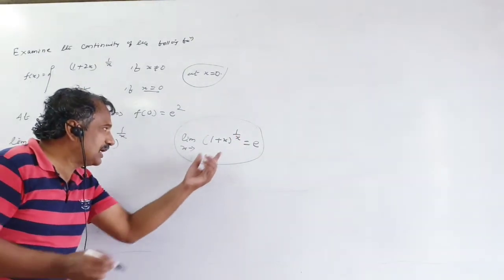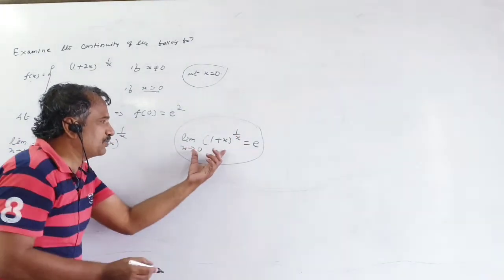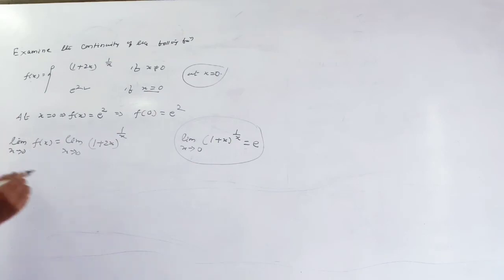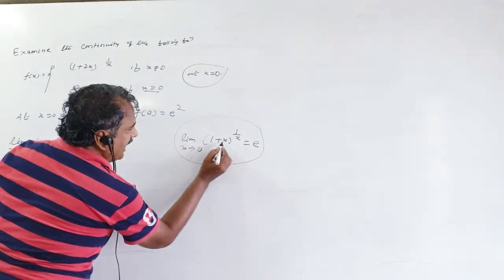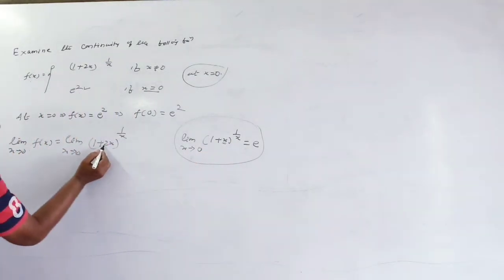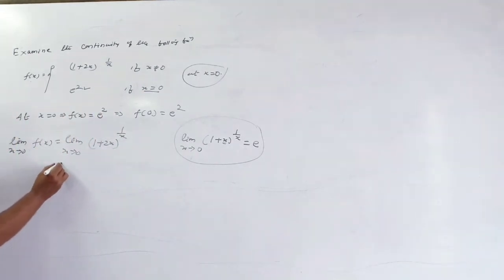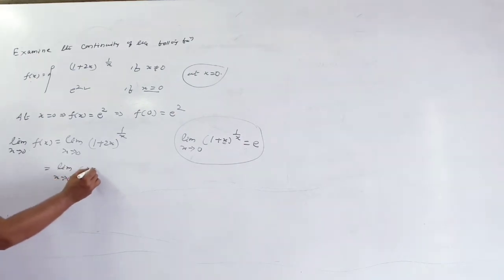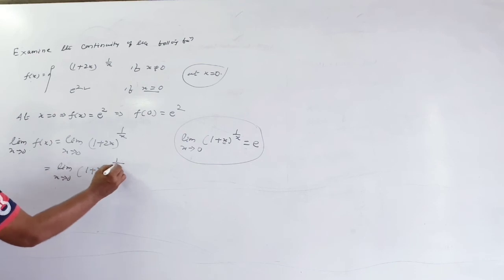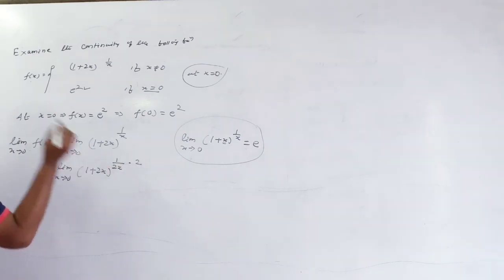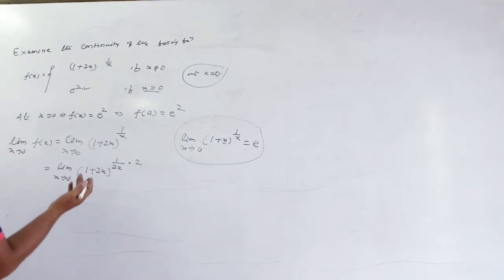Now use this formula here. Here given is 2x, so multiply by 2 and divide by 2. Now limit x tends to 0 of (1 plus 2x) to the power 1 by 2x into 2.